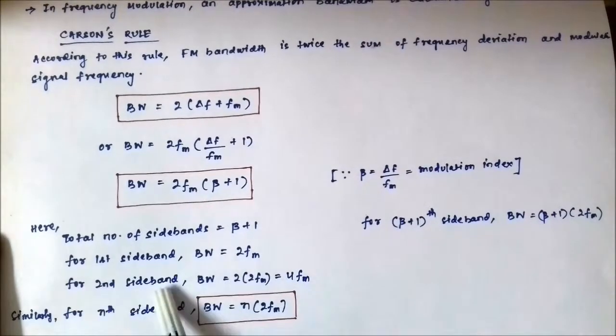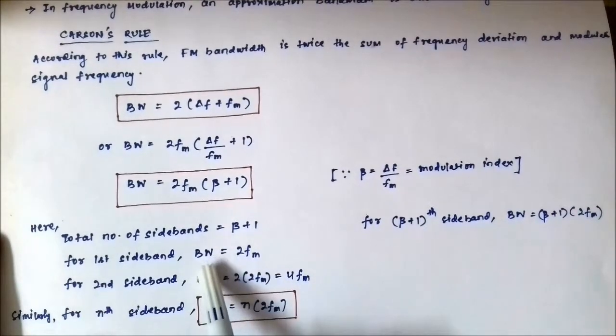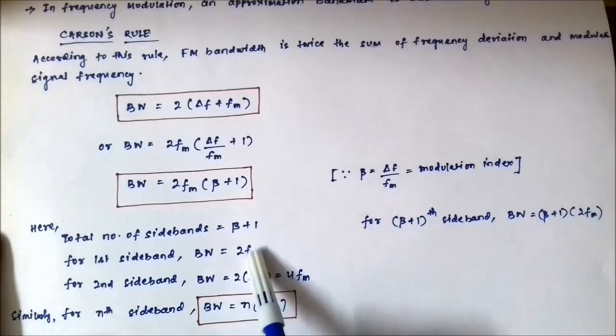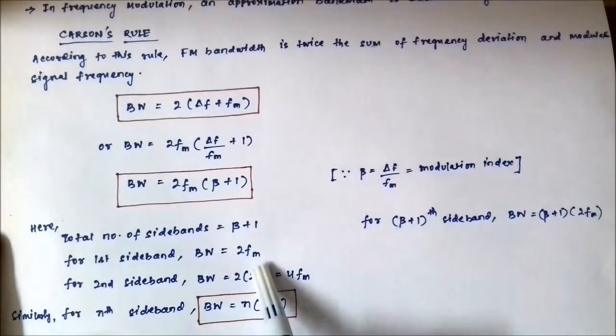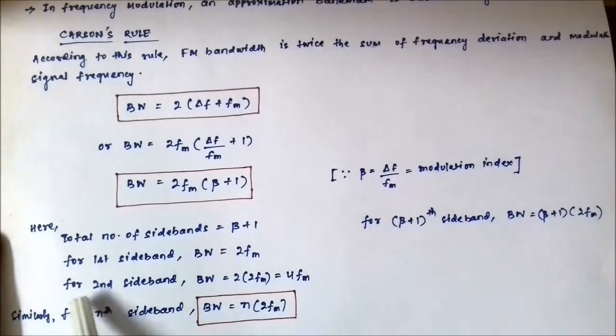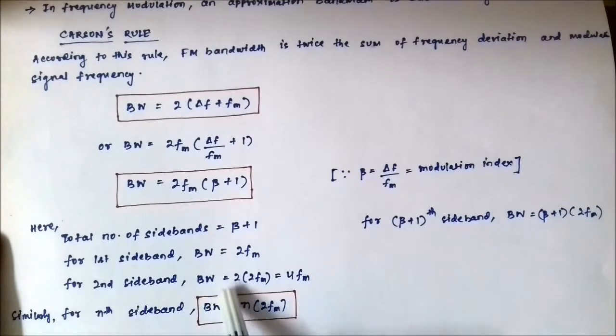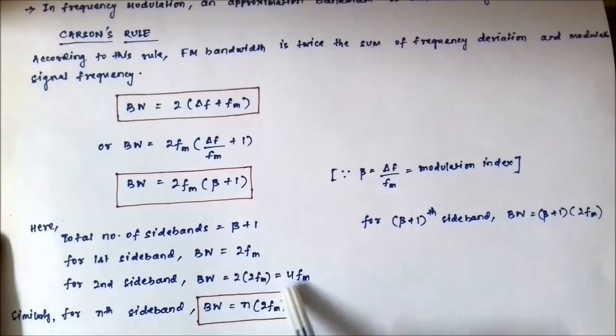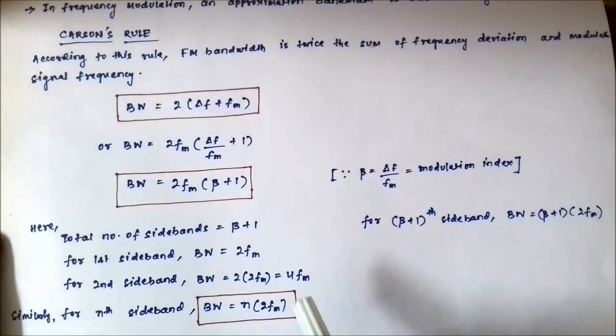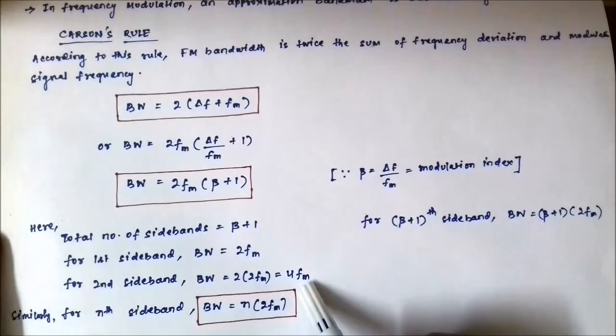For the first sideband, the bandwidth is given by 2fm, or twice the message signal frequency. For the second sideband, the bandwidth is equal to 2 into 2fm, which is equal to 4fm, which is 4 times the message signal frequency.